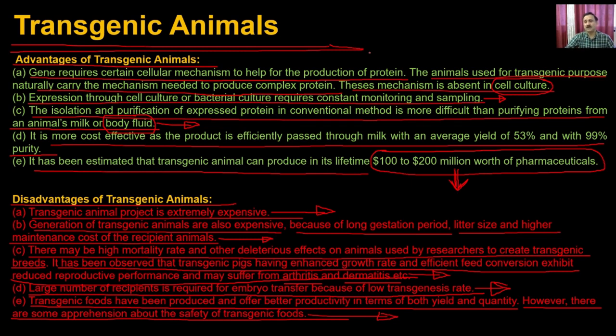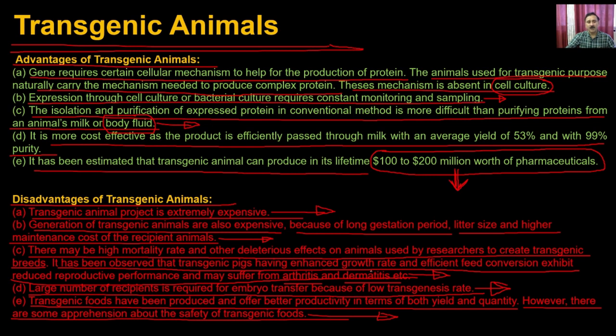Or suppose I am producing XYZ protein in a pig or mouse. The mouse is not supposed to produce that particular protein, and that is why people consuming a product from that source always have some apprehension about its safety, because the product may not be what is naturally present.